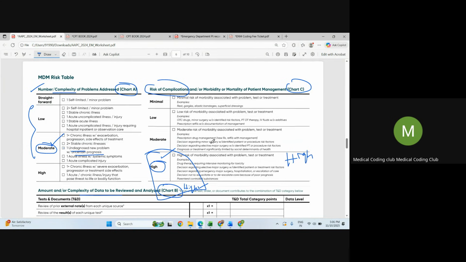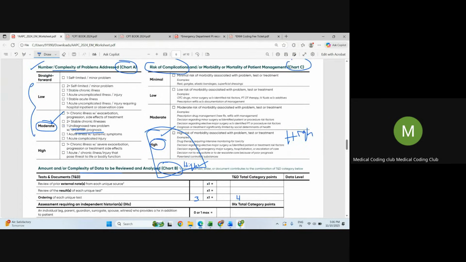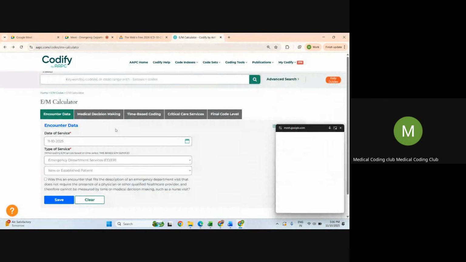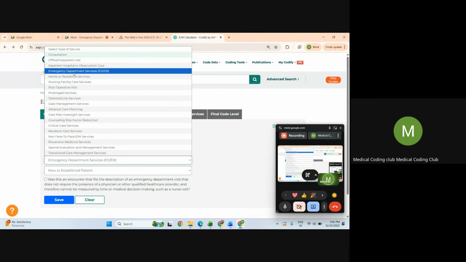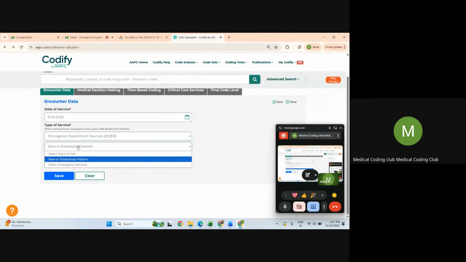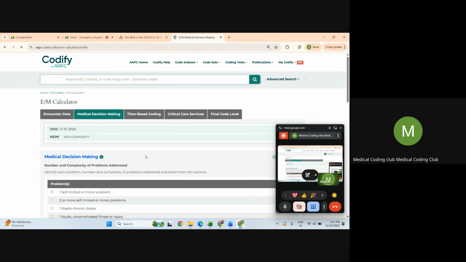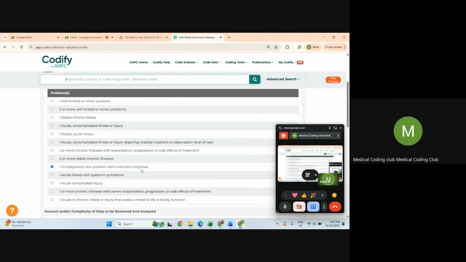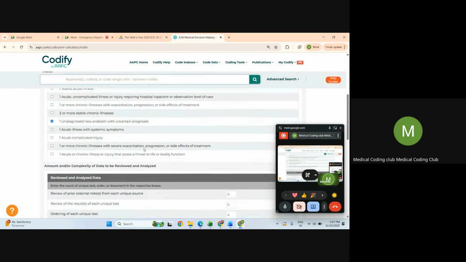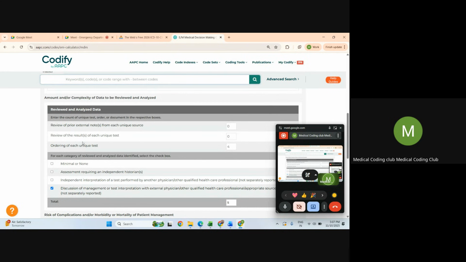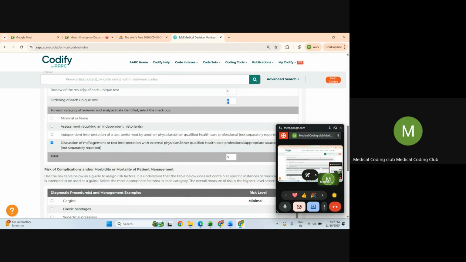So what will be your code? Let's check that. You can see this calculator also. Let me take emergency department. As I said, you are an established patient, you don't have to worry. Next we look into, as I said already, one undiagnosed new problem. I already kept it here. Next you can see ordering of each unique test, 4 tests, and discussion of management of tests, that also we have selected.